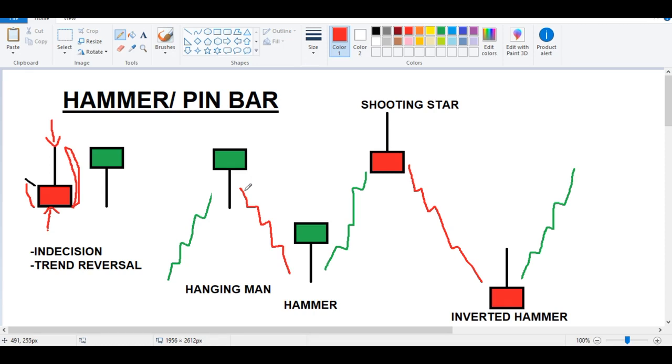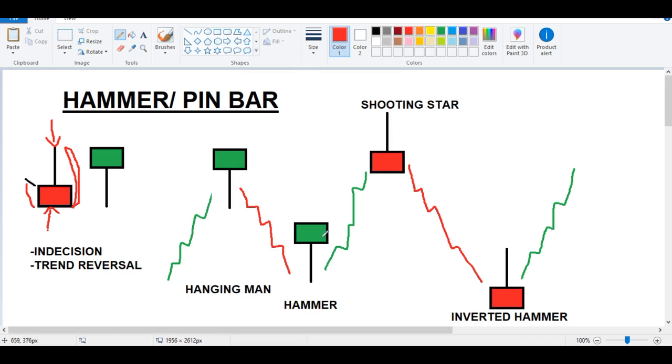Now let's say we're going in a nice downtrend and price is just going down and down and down. And then at the bottom of the trend, you see this hammer formation again. The name for that is simply hammer. If you see this, guys, at the bottom of a trend, there's a high chance price can reverse.